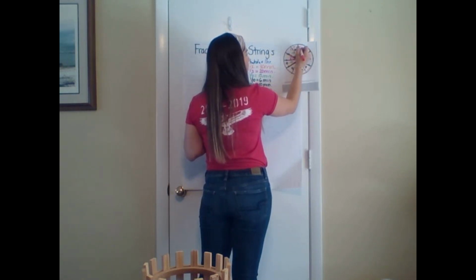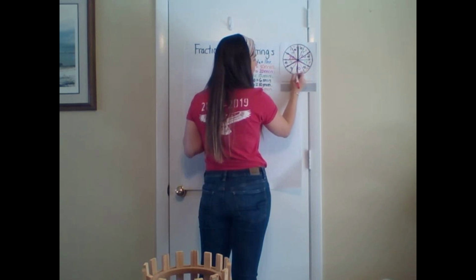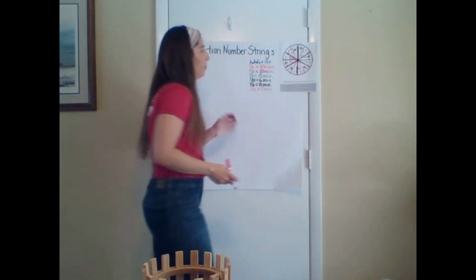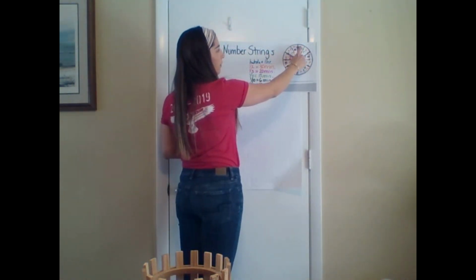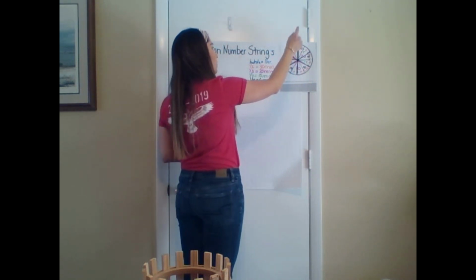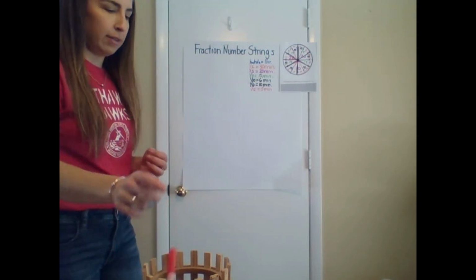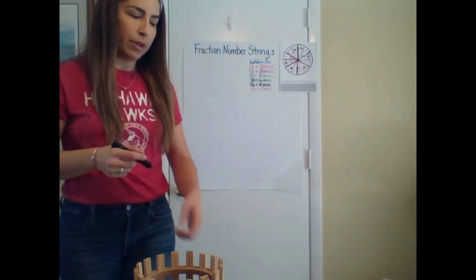So that'd be 5 minutes, twelve times. If I go around and count all those 5s, starting at the 12: 5, 10, 15, 20, 25, 30, 35, 40, 45, 50, 55, 60 minutes. So they all add up to 60 minutes. With that said, we're going to get started with our fraction string.